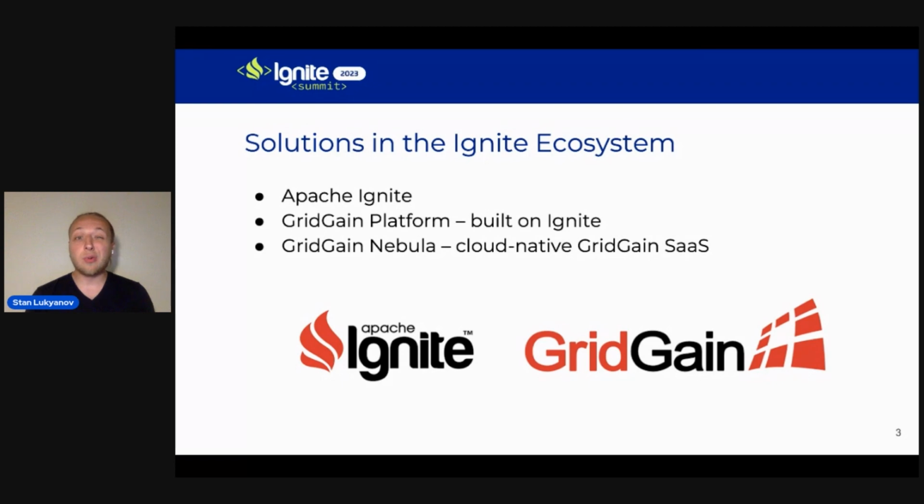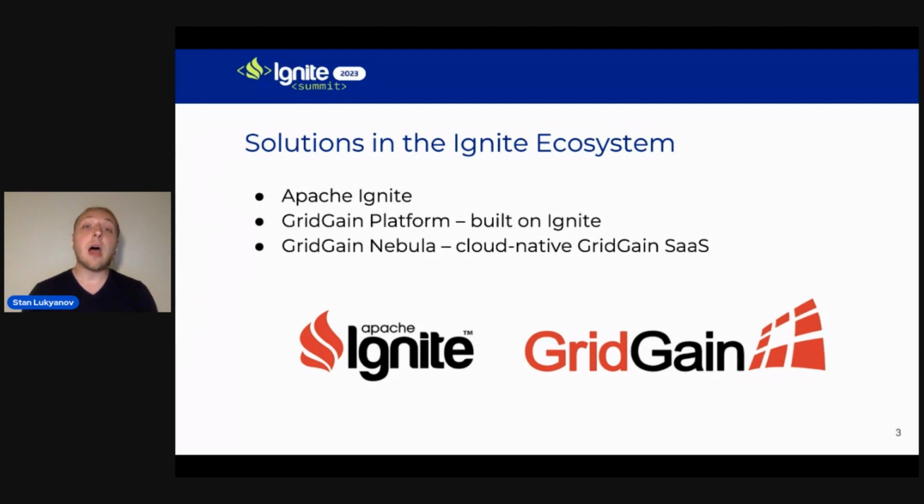So throughout my talk today, I will generally go from solutions that are available with Apache Ignite to solutions that might be available as extensions delivered by the GridGain platform. And then I will also talk about what GridGain Nebula adds in terms of features and also in terms of pre-installed, pre-configured best practices related to security.